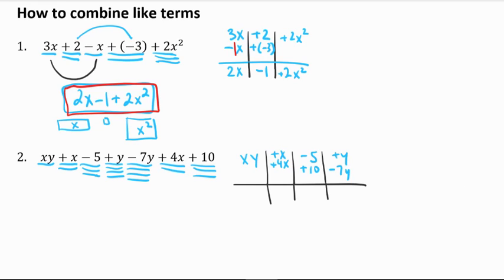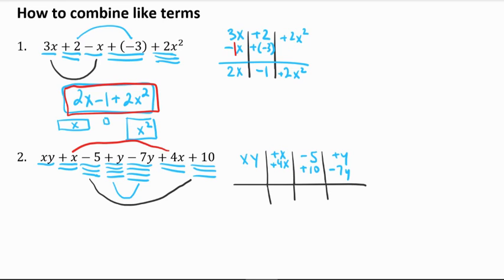So you can see that the lines are helpful because I can see what goes together. Like I can see that x and 4x go together because they both have 2 lines. I can see that plus y and minus 7y go together because they both have 4 lines. And then I can see that negative 5 and plus 10 both go together because they only have 3 lines. So it just kind of helps you organize.